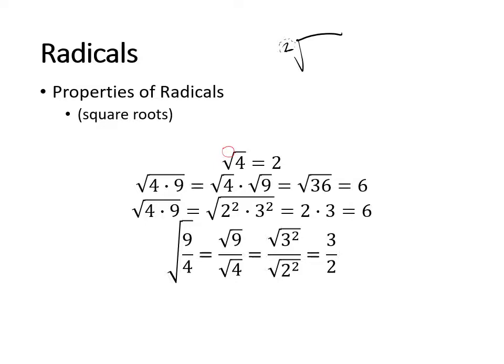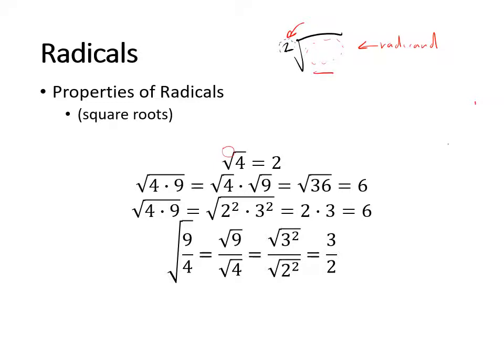And what is a square root? Well, whatever goes underneath this radical symbol is called a radicand. And the radicand is like a product where something was multiplied by itself a number of times that corresponds to the index in order to be this.